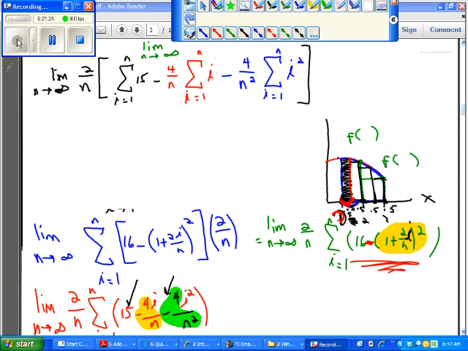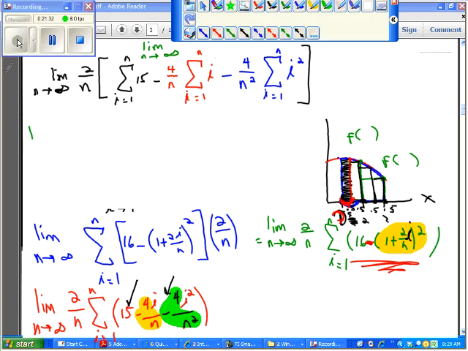Okay, now we need to remember some stuff. The limit as n approaches infinity of 2 over n times. Now, how do you expand that? The summation of a constant. Remember what it's going to be? Constant times upper bound. Do you remember that?